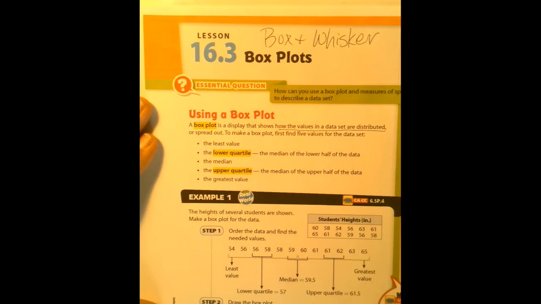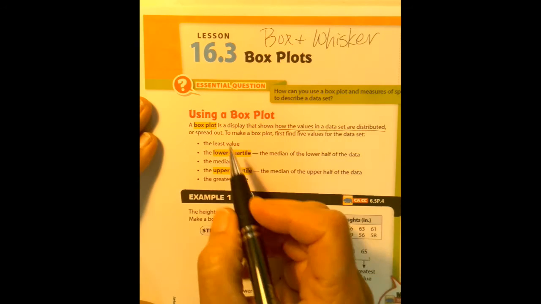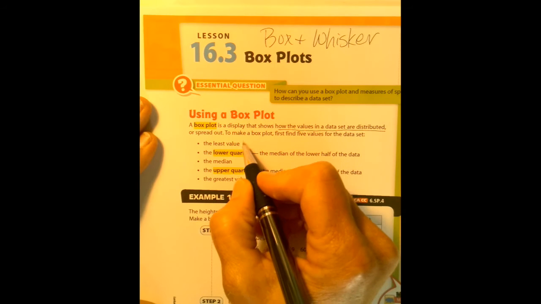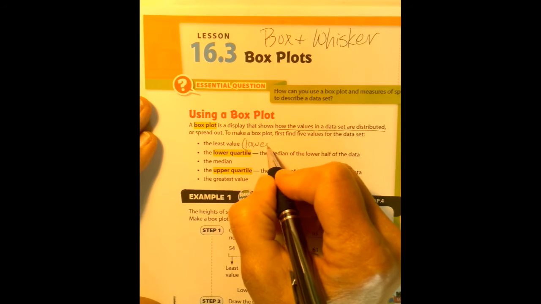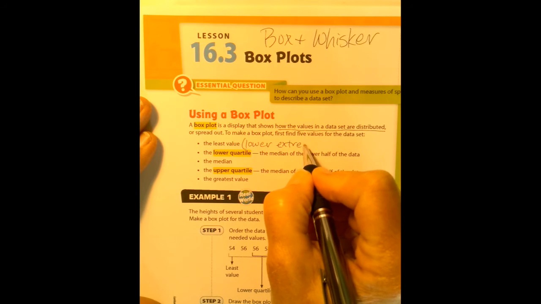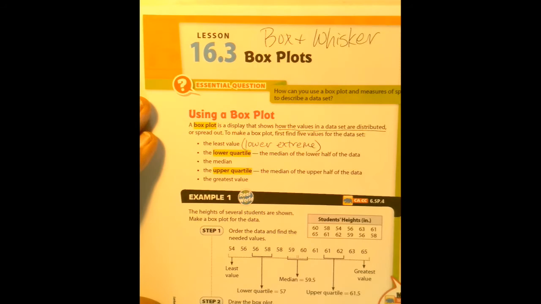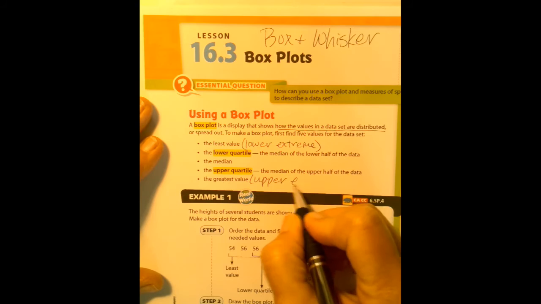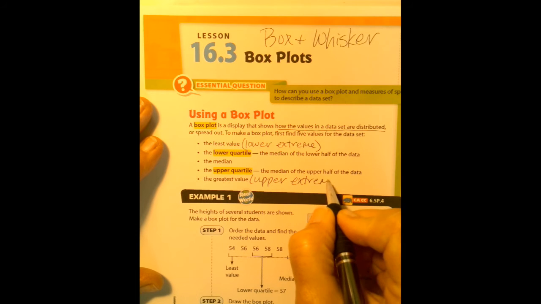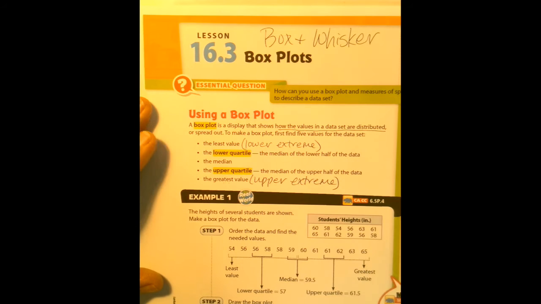The least value, which is also called the lower extreme, if you want to add that in. That's the least value in the data. The greatest value in the data is called the upper extreme. You may hear both ways of referring to the same thing.